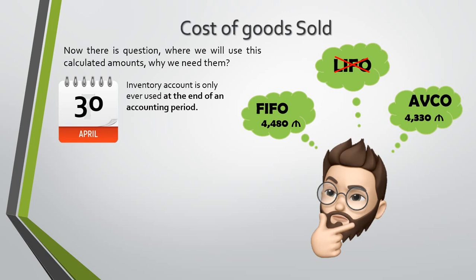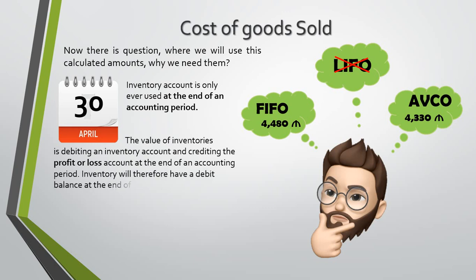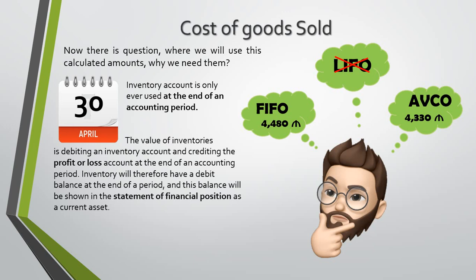In valuation of the counted items, we can use NRV or the cost model. If we use the cost model, then we can choose one of the first in, first out or weighted average costing methods. The calculated amount is debited to an inventory account and credited to the profit or loss account at the end of the accounting period.